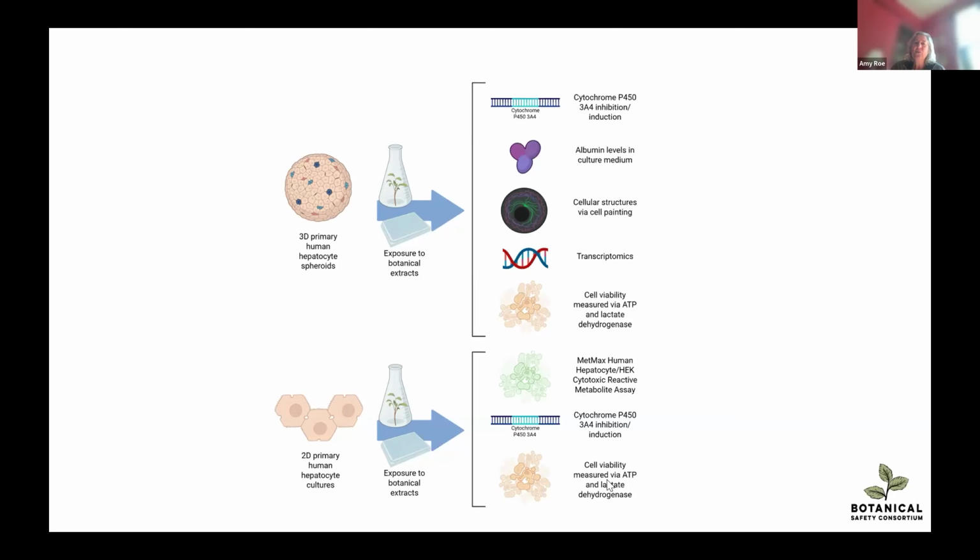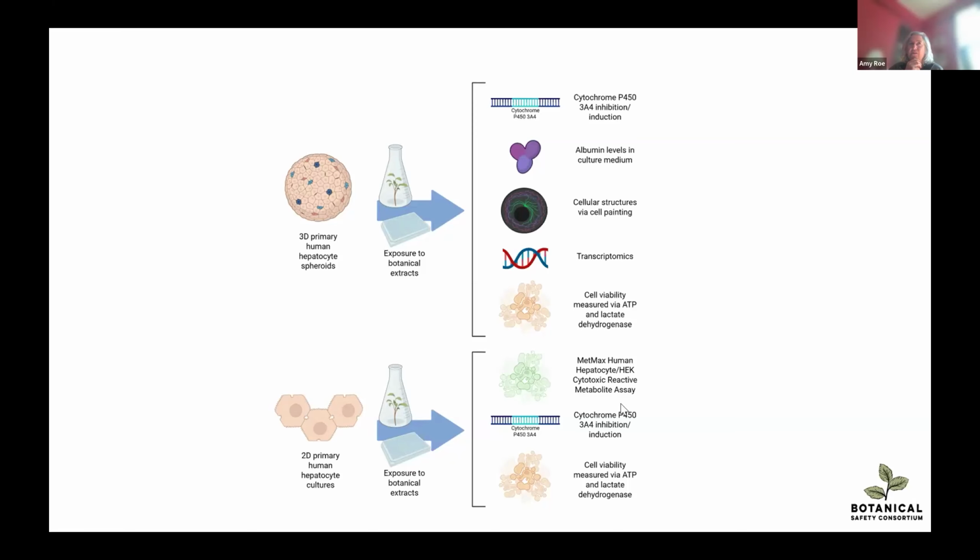On the right hand side, we're looking at a number of assays. Some of them we're looking at consistently between 3D and 2D. Everything from just your basic cytotoxicity markers, ATP depletion, LDH release, other markers of cytotoxicity, which you would perform in anything you're testing.